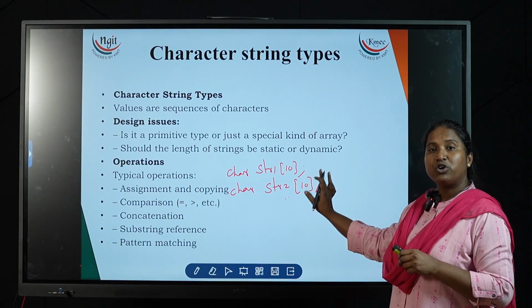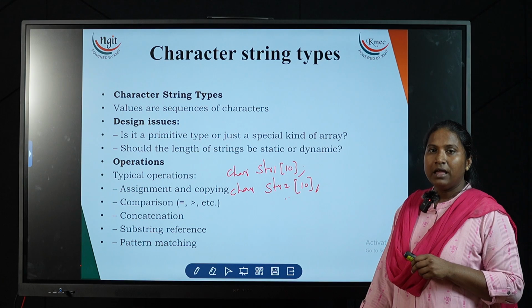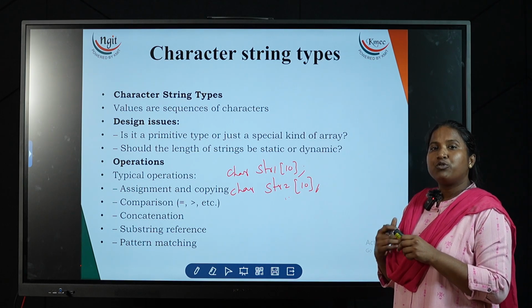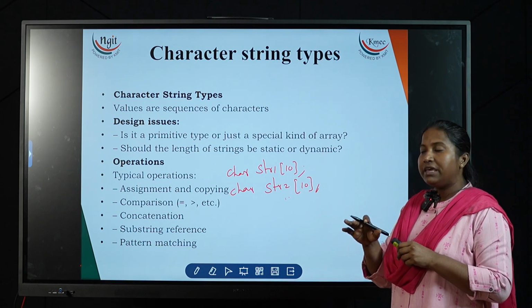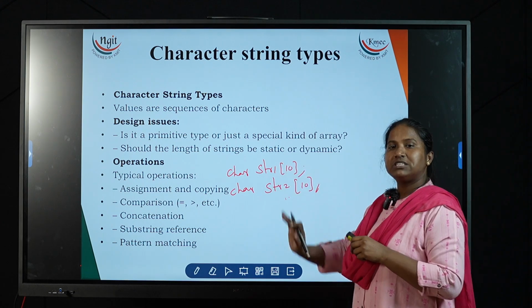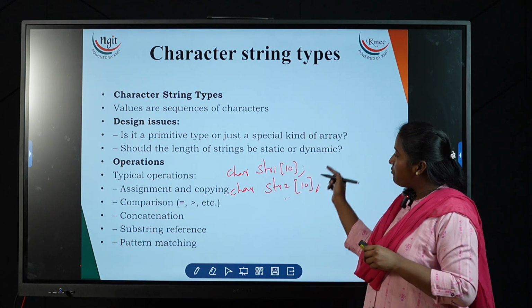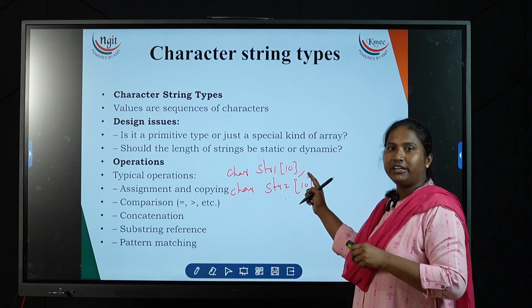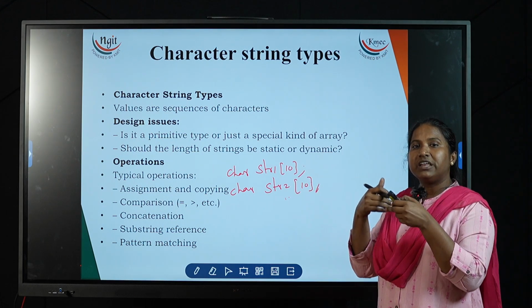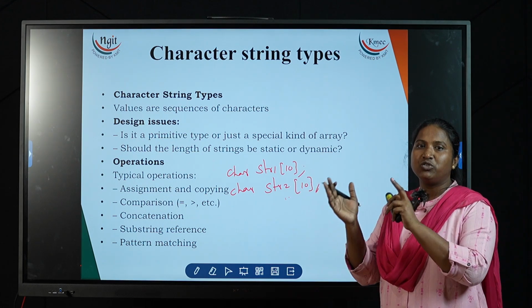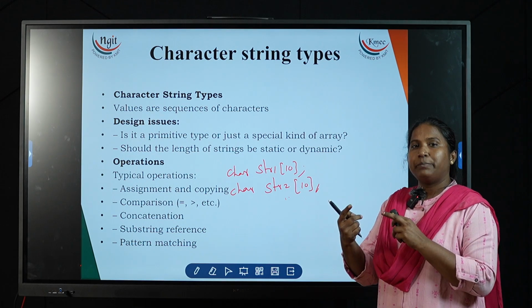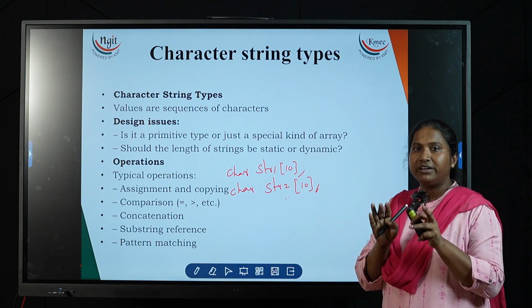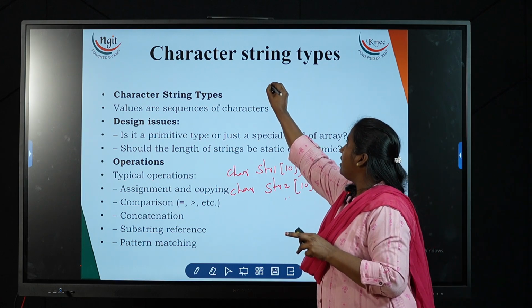That means the length of the string is defined. The number of characters I am going to give may be between 1 and 10. So I am fixing it, but I am not entering it. My size of the string can vary from 1 to 10. Earlier in the example, the size is fixed. Though I have given 10, it is fixed.